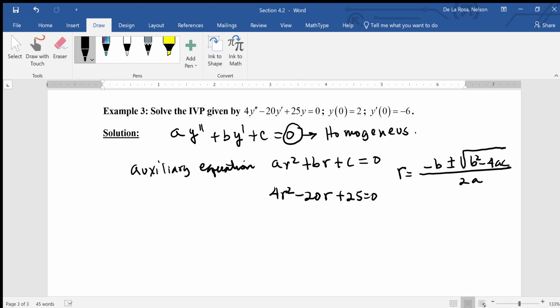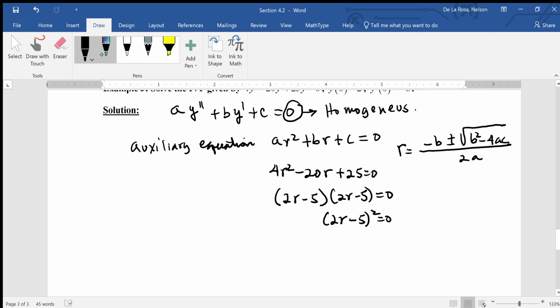So let's factor. The factorization is 2r minus 5 times 2r minus 5 equal to 0. If you can see, the two factors are the same: 2r minus 5 squared. And then this factor produces only one solution, which is 5 over 2.